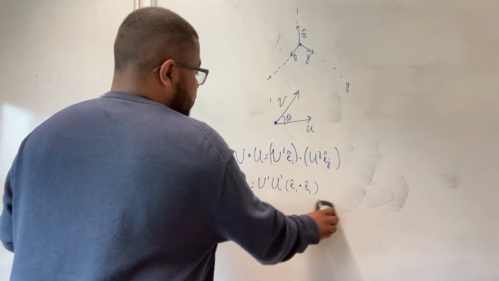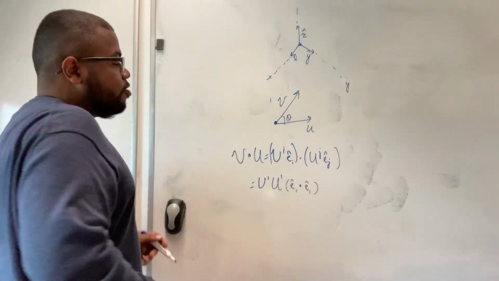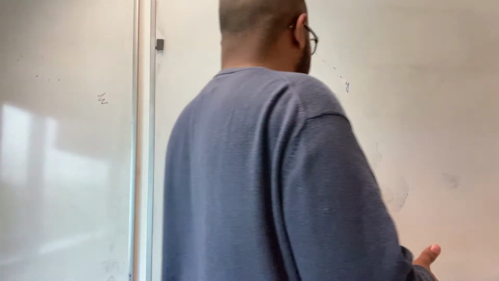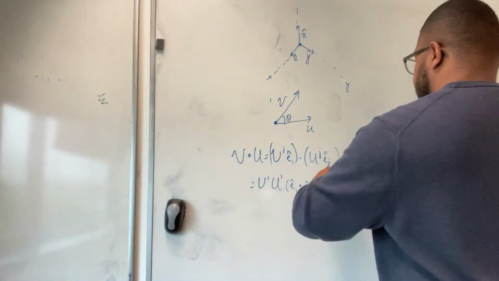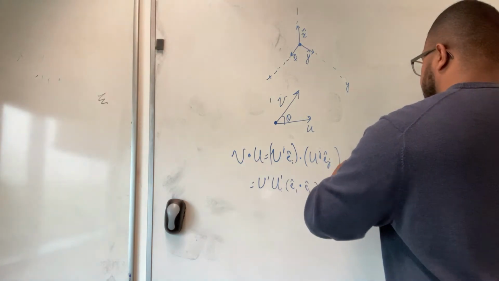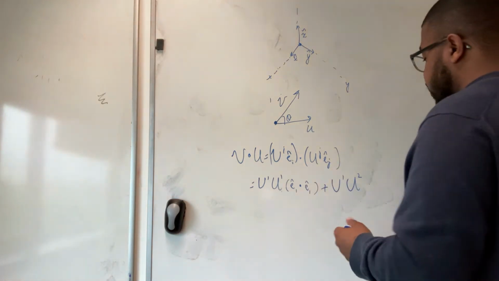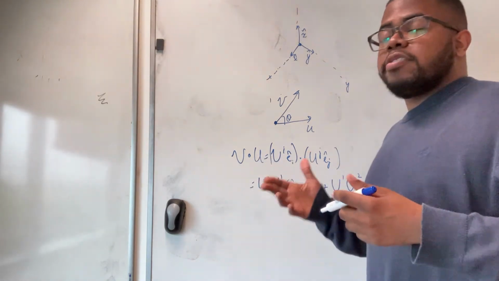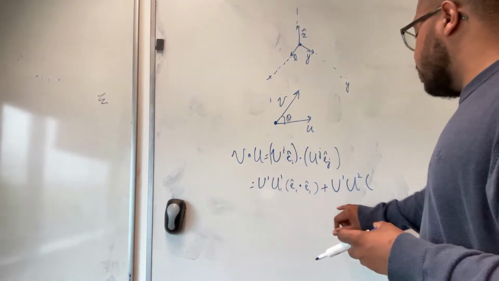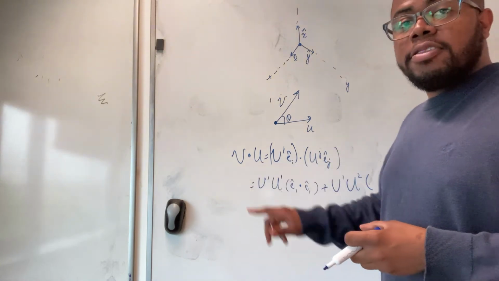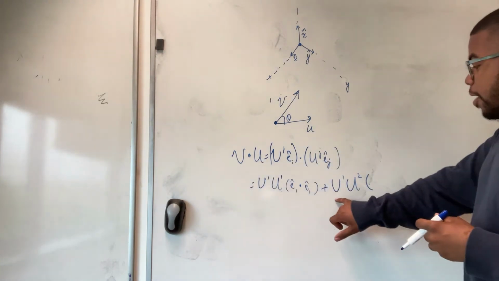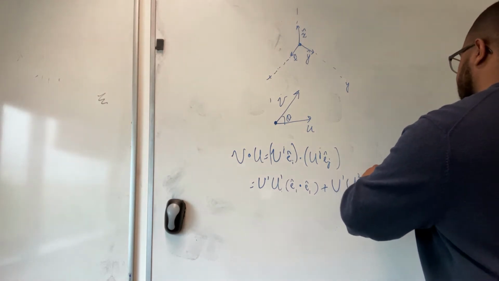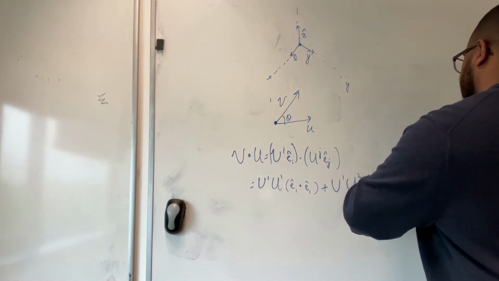But I mentioned that we want the linear combinations of all of the other possibilities. So for example, there is also the possibility of having V1 times U2. I know that that isn't what I defined at first, and you will see why it isn't the case that this pops up in the definition of the dot product. If we have this, then we have to multiply by E1 hat dot E2 hat.